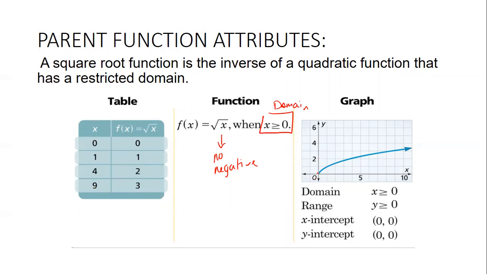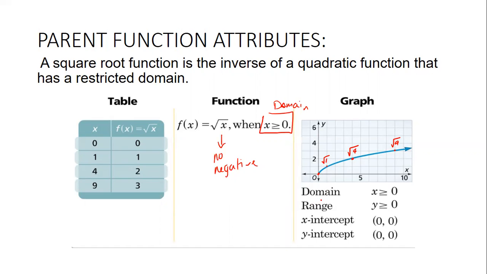So if you look over here on our table, we have our x and y intercept at 0, 0. We have the square root of 4 is 2. That's what this means, square root of 4. We have the square root of 9 right here. And I forgot to mark off the square root of 1. And that's how we get those values.